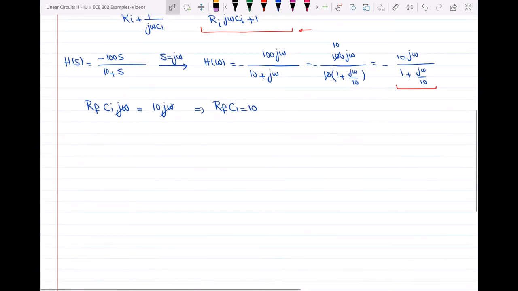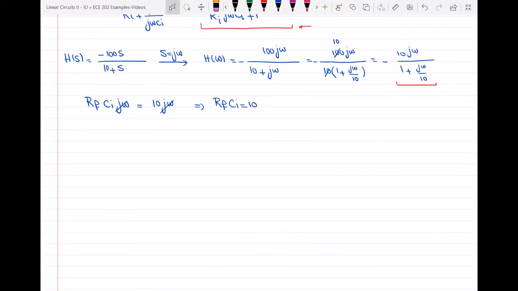So I will substitute CI by 1 microfarad. So from here, I can say that RF is equal to 10 over CI, and that would be 10 over 1 microfarad, so 10 to the negative 6, and that would be 10 to the 7. So 10 to the 7 is 10 mega ohms. So this is my RF.